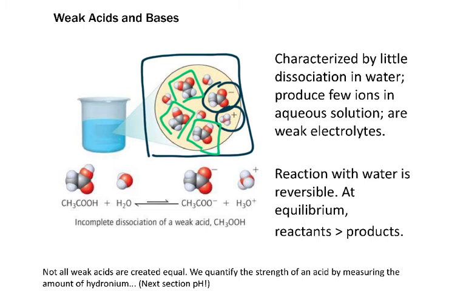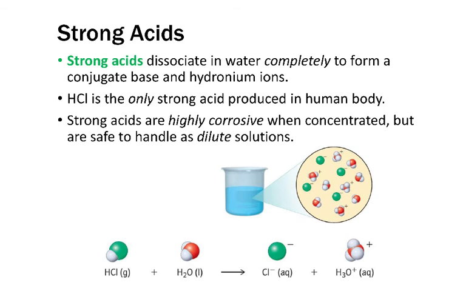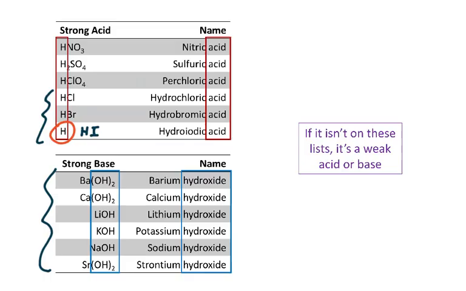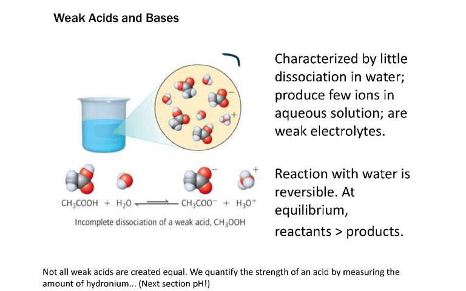They produce few ions, they're weak electrolytes, and notice here, equilibrium sign. I don't know if you noticed before, but we had forward arrows, right? Because these were forward reactions, they didn't really go back. But now we're at equilibrium reactions with an equilibrium arrow.